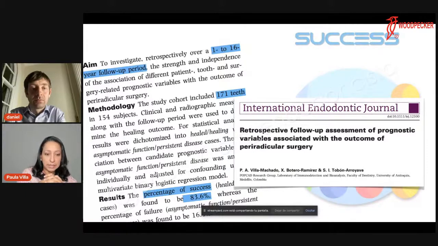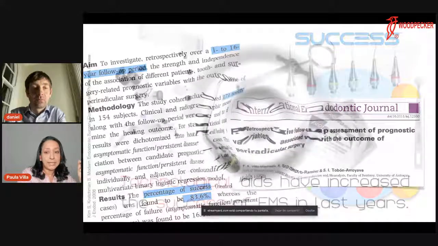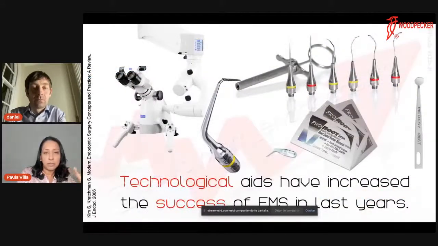We found that the main prognostic factors of these surgeries were the apical filling and coronal filling. So it's not only the apicoectomy, it's not only removing the lesion, we need to treat the tooth.